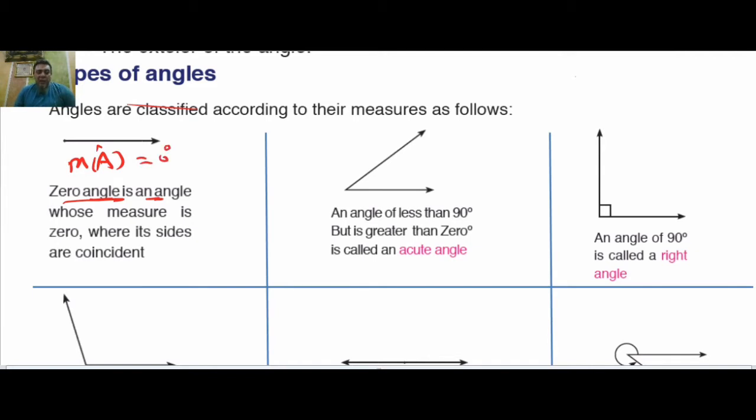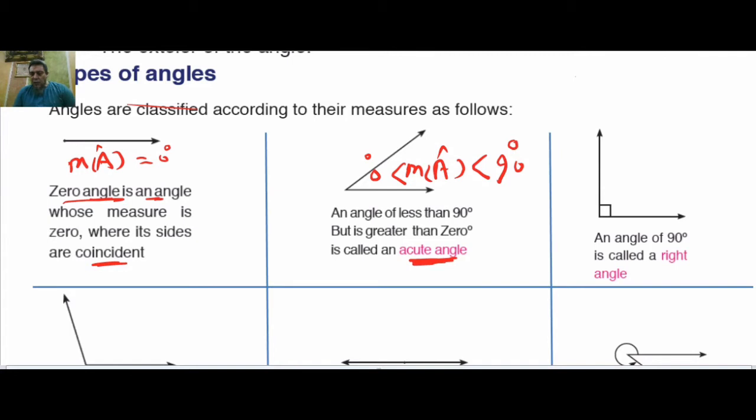The two rays coincide. The second type, the acute angle, is the angle whose measure is greater than 0 and less than 90 degrees.